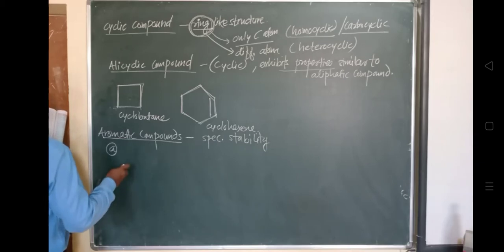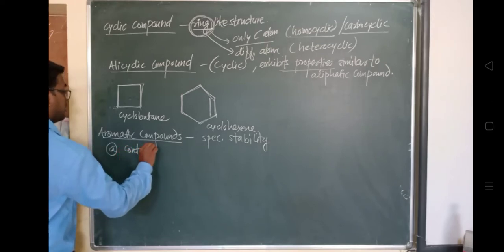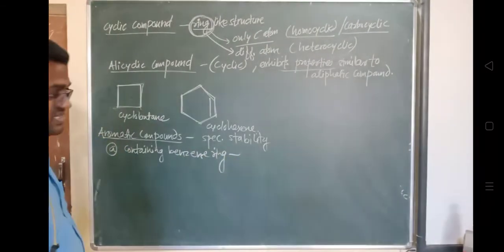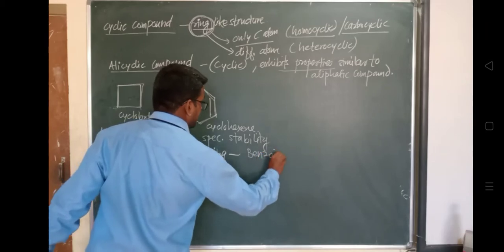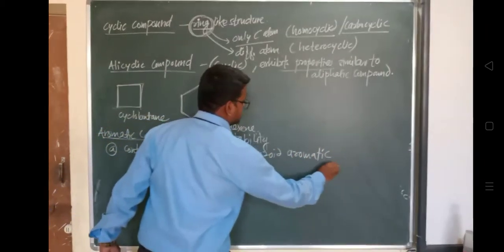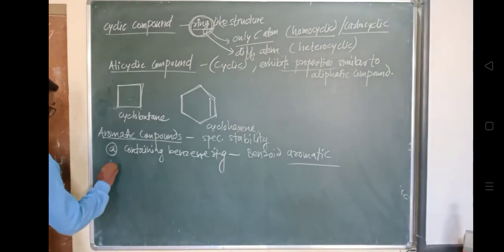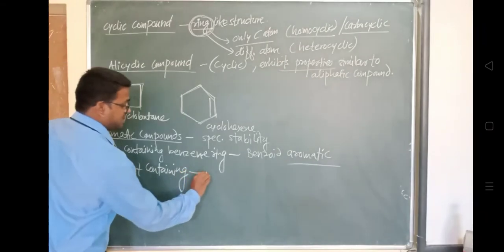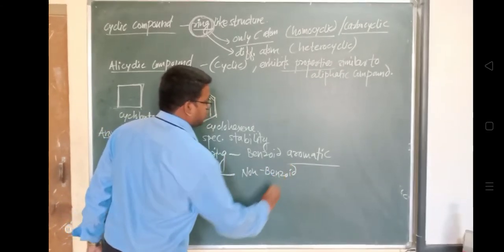Aromatic compounds containing a benzene ring, the benzene ring being C6H6, are called benzoid aromatic. Those aromatic compounds not containing a benzene ring, the second classification, will be called non-benzoid aromatic.